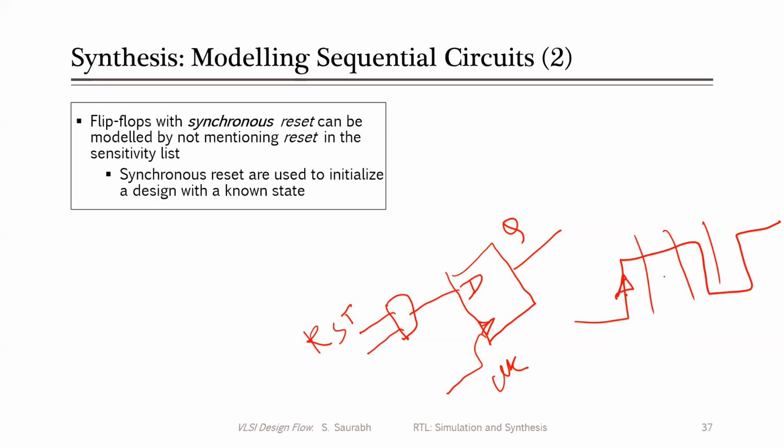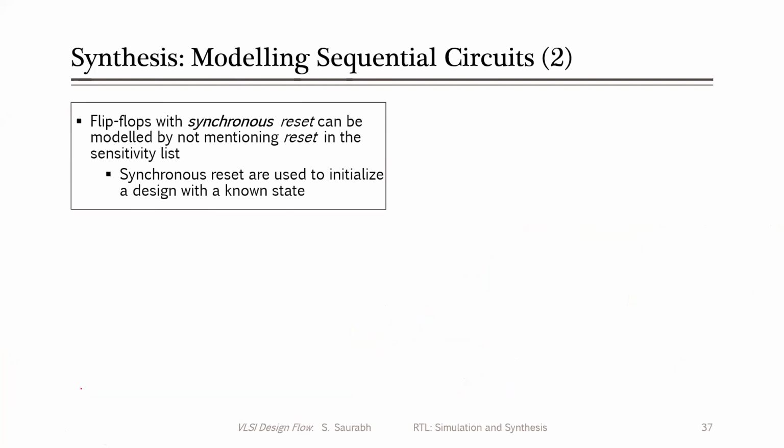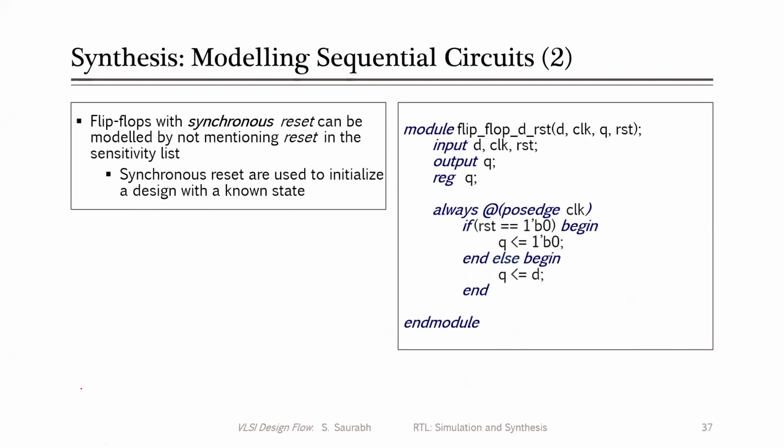And in asynchronous reset, the output can change anywhere. Whenever the reset signal is asserted, suppose it is asserted at this point, the output will change to 0. That is what asynchronous reset is. So if we want to model a synchronous reset flip-flop, then we need to put the reset inside the always block which is triggered by the clock.